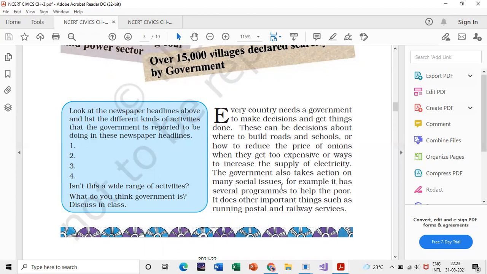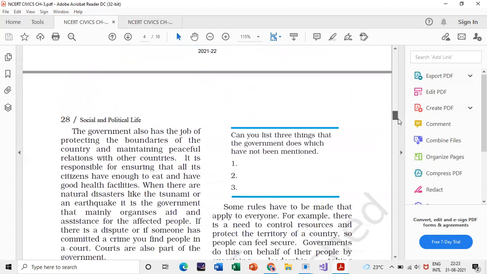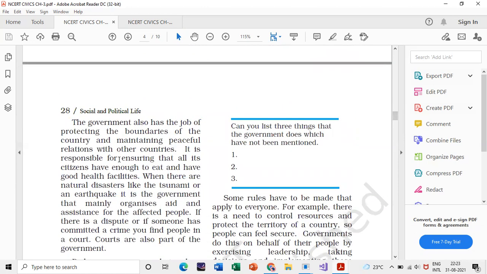So basically the functions of the government, whatever the government does for the welfare of the people, like they create, implement, interpret the laws of a country, taking care of the welfare of the people, establishing and maintaining good relationships with other countries. As you see, as I'm scrolling down, all these things are here, right?